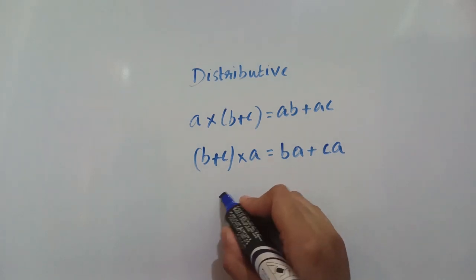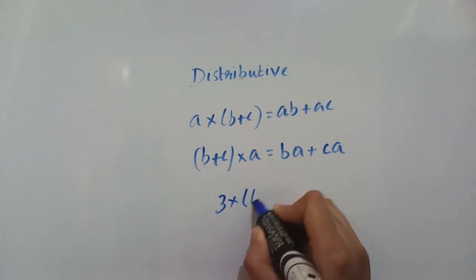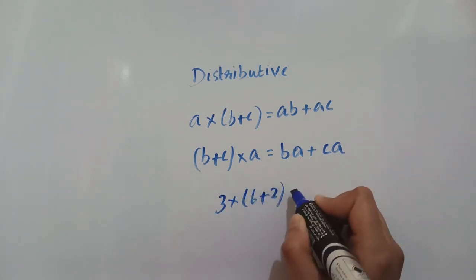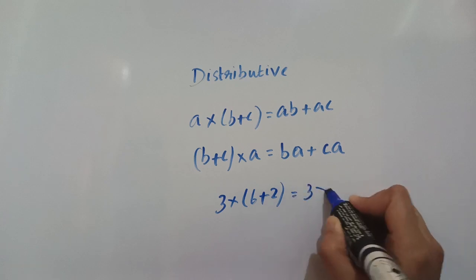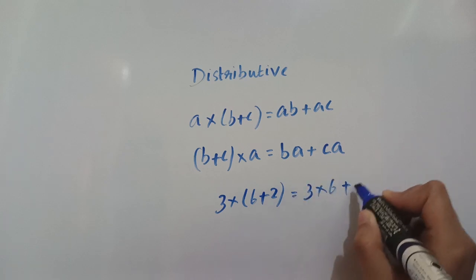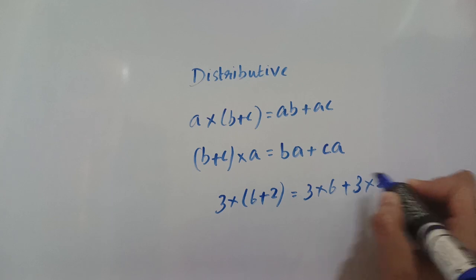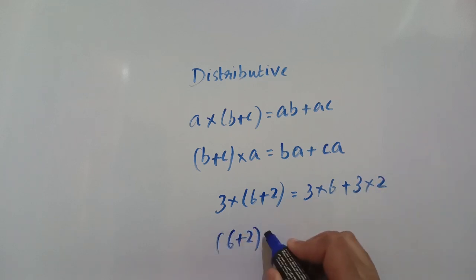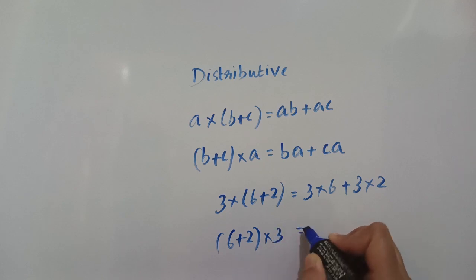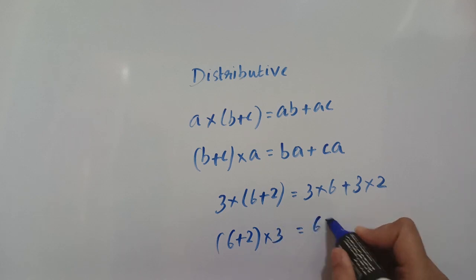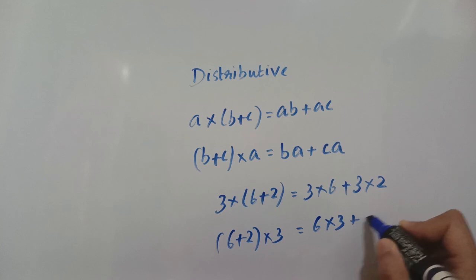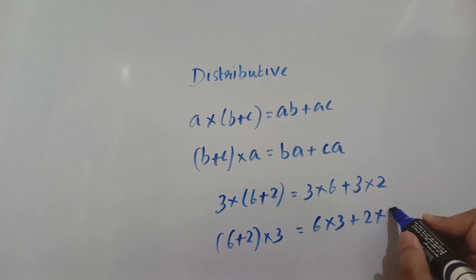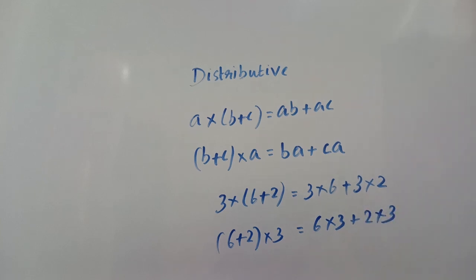For example, 3 into (6 plus 2) is equal to 3 into 6 plus 3 into 2. Next, (6 plus 2) into 3 is equal to 6 into 3 plus 2 into 3. This is the distributive property.